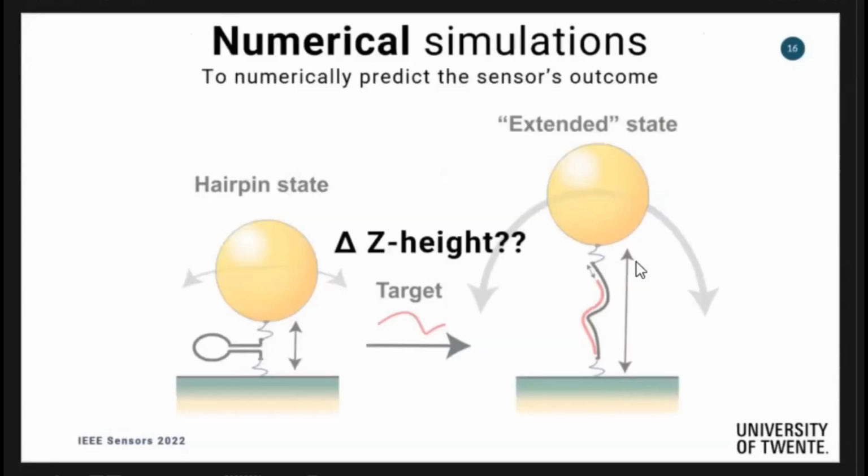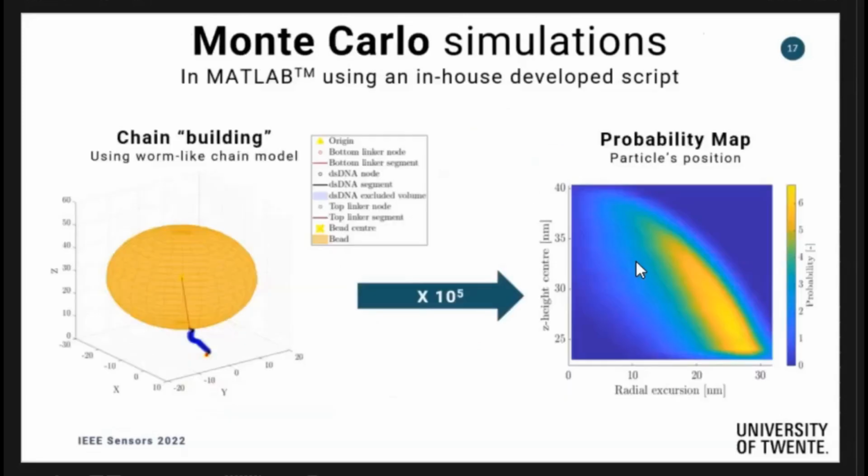So the main question is, if we are only looking at the differences in Z height, what is the difference in Z height between the hairpin state and the extended state? To find out, we performed numerical simulations. We developed an in-house method based on a worm-like chain model, where we build a chain depending on the properties of our DNA chain, and then add the particle on top.